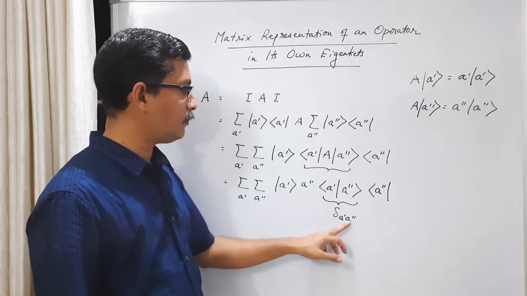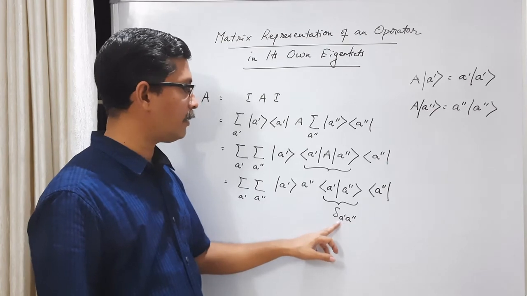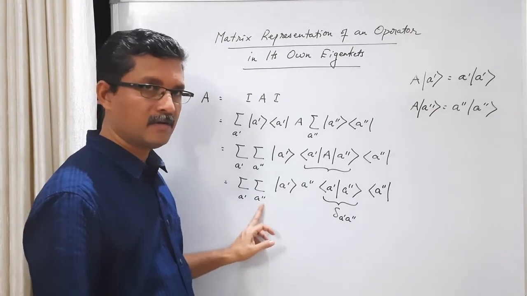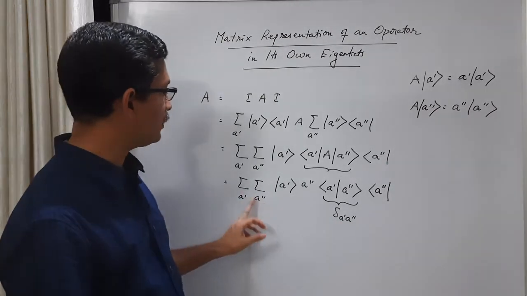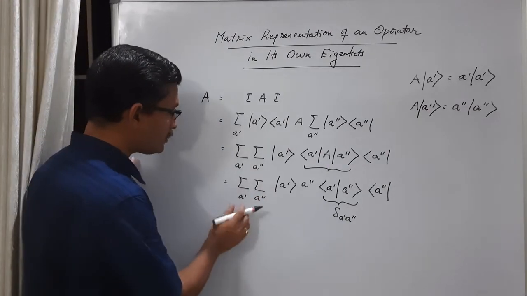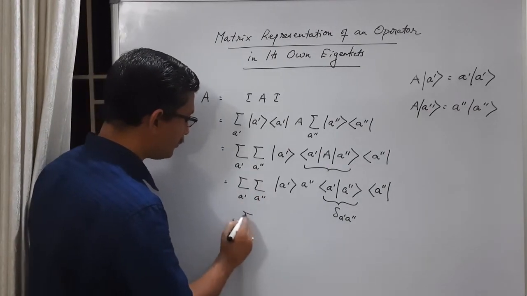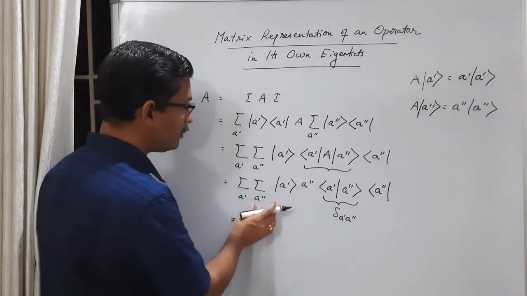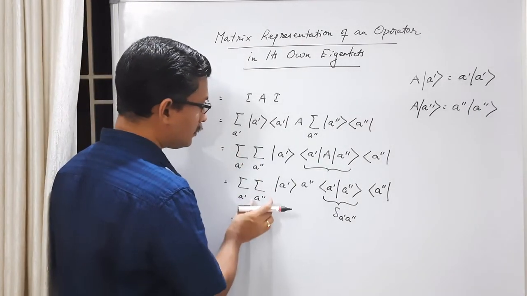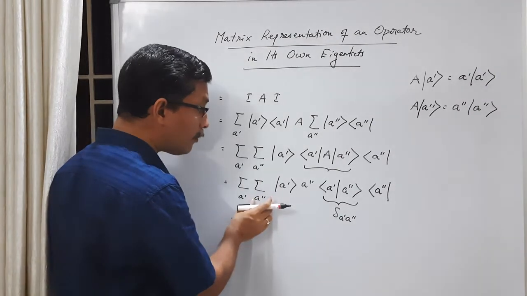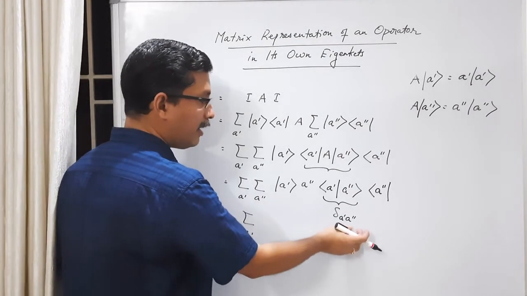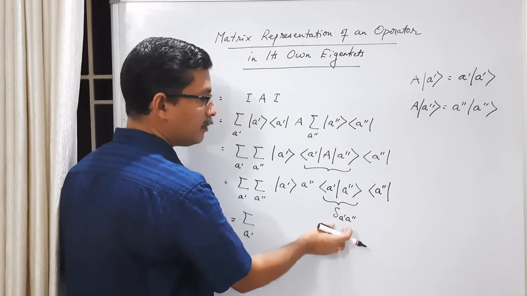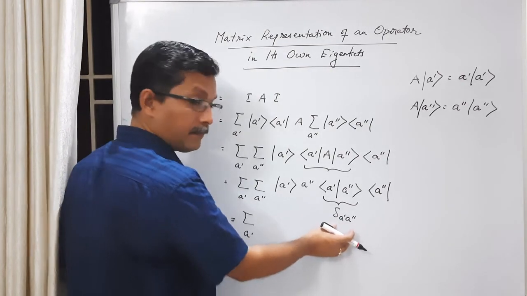So only the term for which A'' is equal to A' will be non-zero in this summation. The first summation will remain, summation over A'. In this summation you put only that term where A'' is equal to A'. When A'' is equal to A', this delta term will be 1.